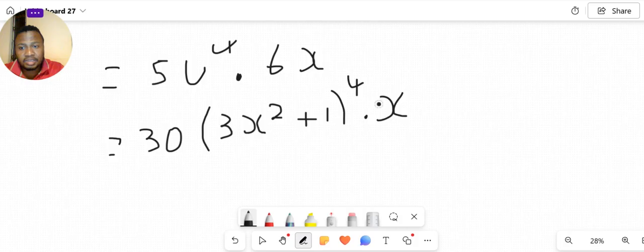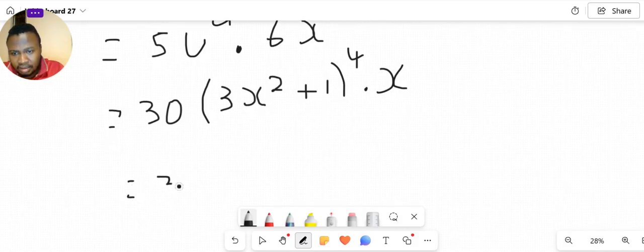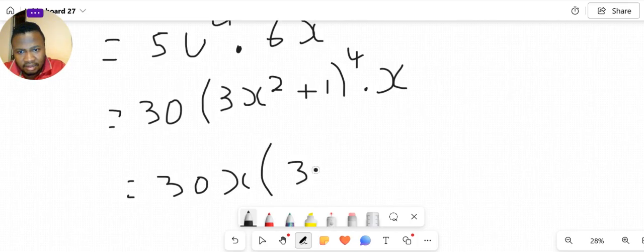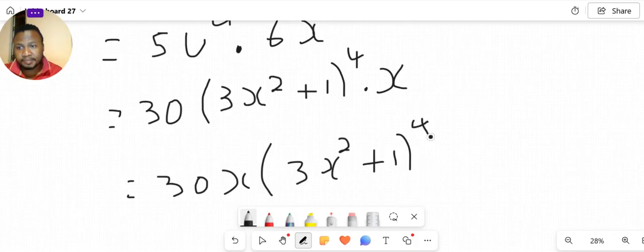Since there was 6x, we just took 6 to the other side. So this will be just 30x open bracket 3x squared plus 1 all to the power 4. And that's it for the chain rule.